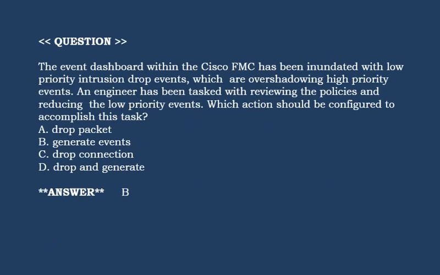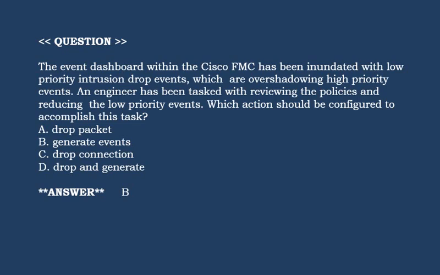Next question is: the event dashboard within the Cisco FMC has been inundated with low priority intrusion drop events which are overshadowing high priority events. An engineer has been tasked with reviewing the policies and reducing the low priority events.